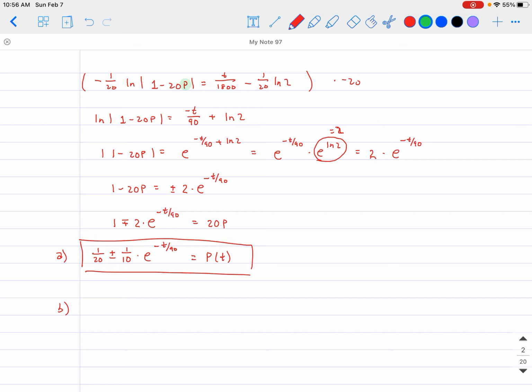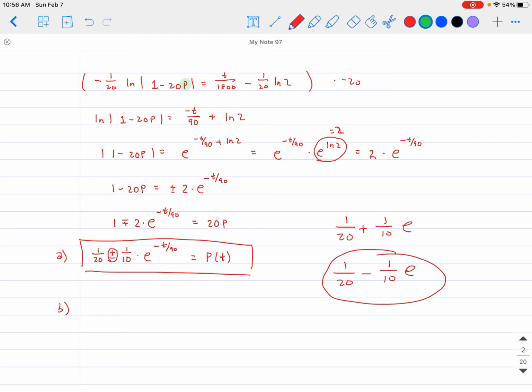We need to take care of the plus or minus over here. Let's just think about it logically. If I take a plus, I will have 1 over 20 plus 1 over 10 e to the something, and that looks okay. But if I take 1 over 20 minus 1 over 10 times e to the something, potentially this could be a negative number, and that doesn't make sense, because we have this as a percentage.